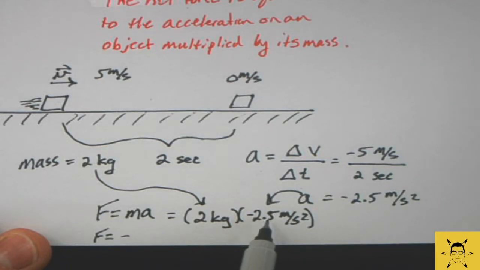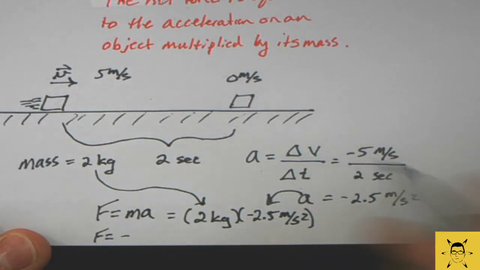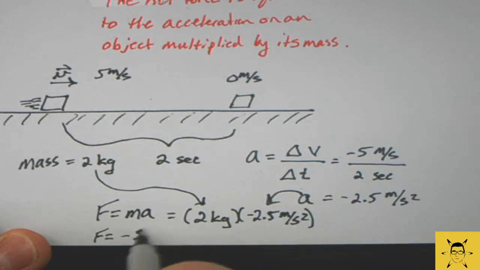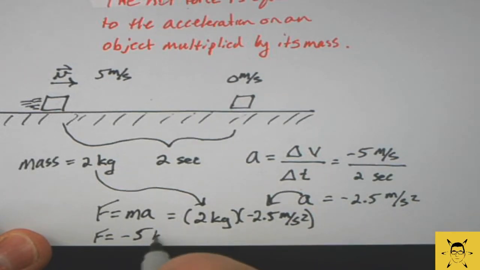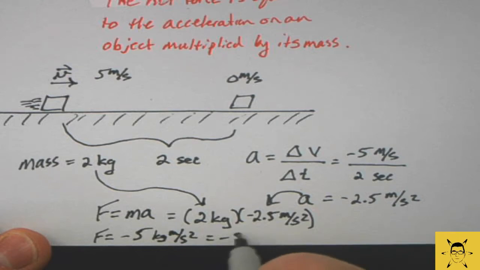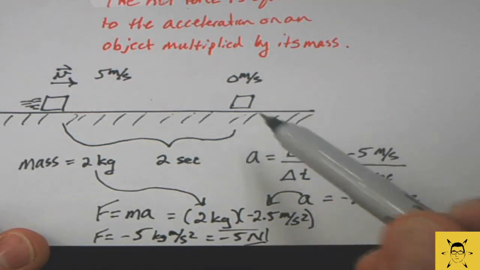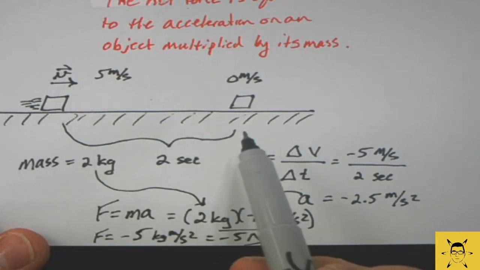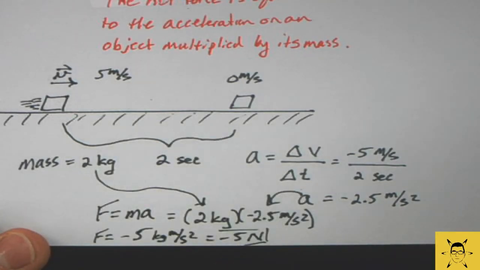If we divided 5 by 2 to get 2.5, and then we multiply it by 2 again, we're going to get negative 5. It's negative 5 kilogram meters per second squared, which equals negative 5 newtons. And so the force needed to stop this in 2 seconds was negative 5 newtons.